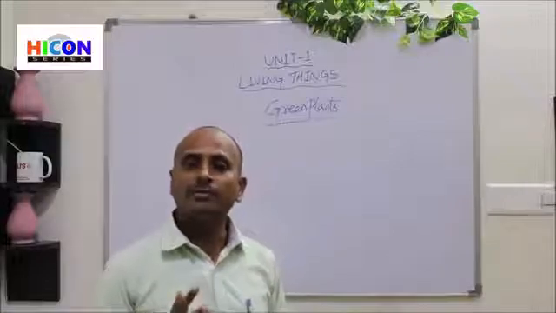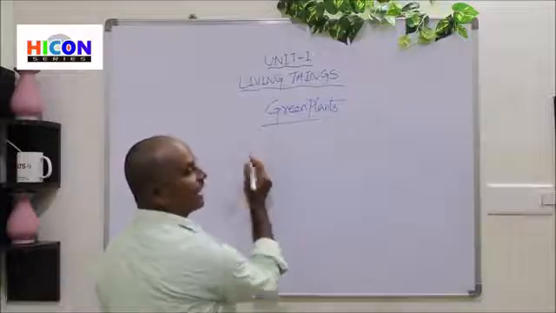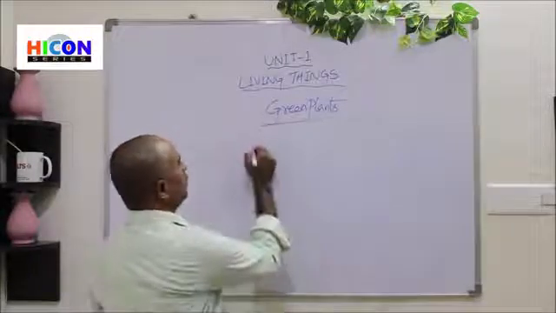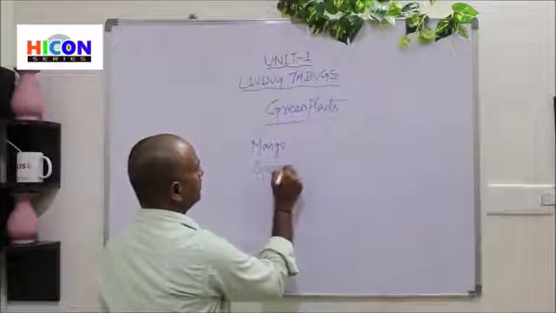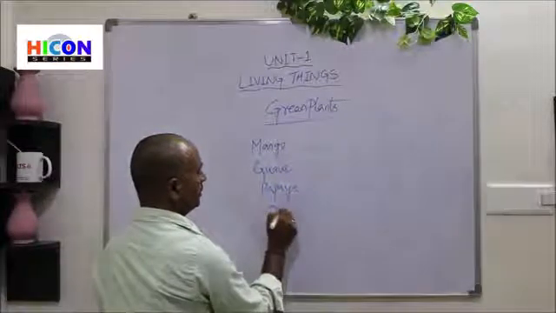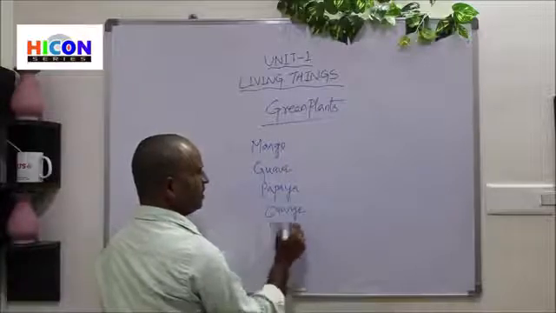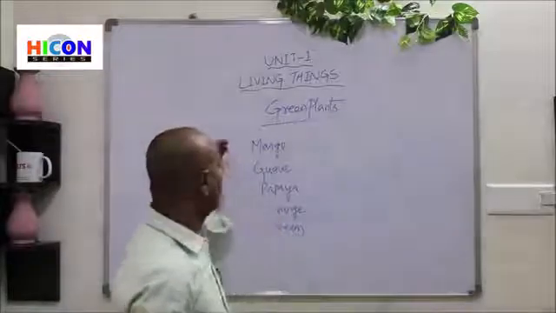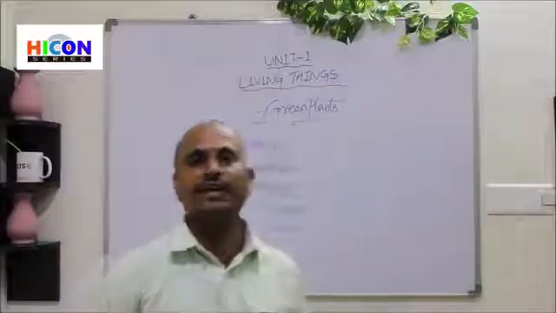The plants frequently observed in our region, that means in our area, are the mango tree, guava tree, papaya, orange tree, neem tree, and some flower trees, etc. So we very frequently observe these types of trees in our regions, that is, in our areas.